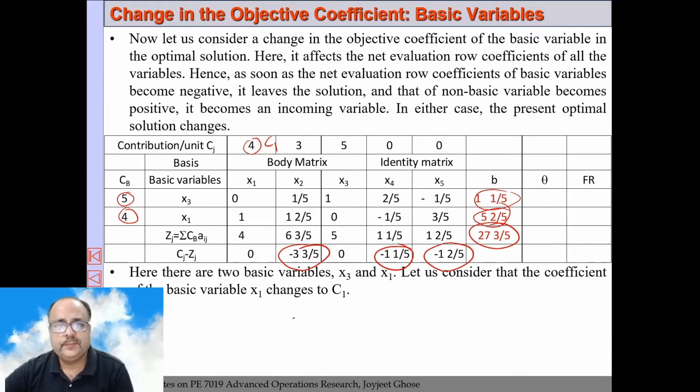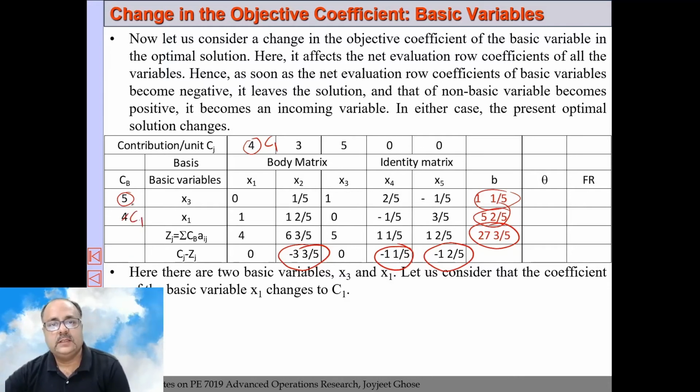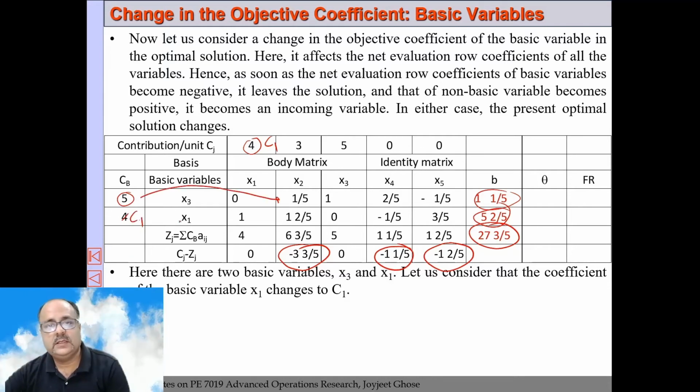That means this also is affected. So in place of 4 we have to write c1. So this is also affected here. So this I'll cut and I'll put c1. So this into this plus c1 into this.